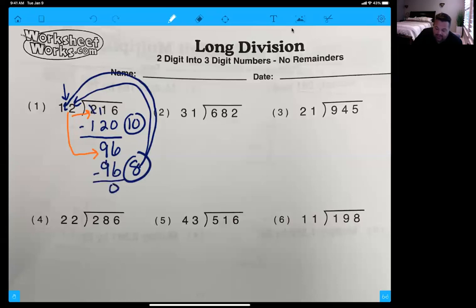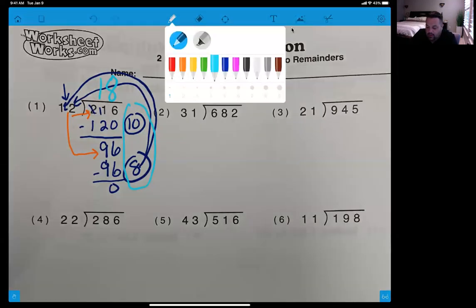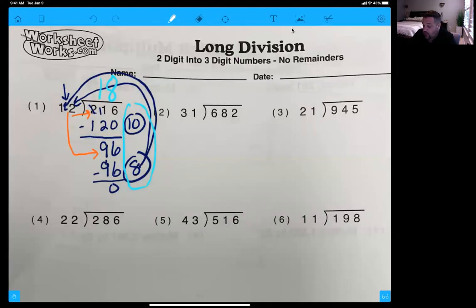And then when we get to the 0, there is such thing as remainders, but when we get to a 0 like that, that's when we know we have our answer. And your answer then is just adding these two together, and your answer is 18. Got it?